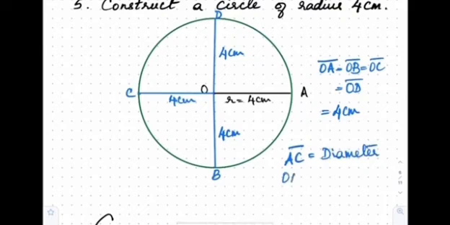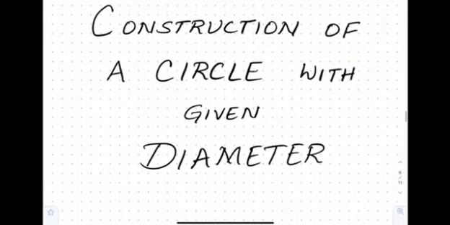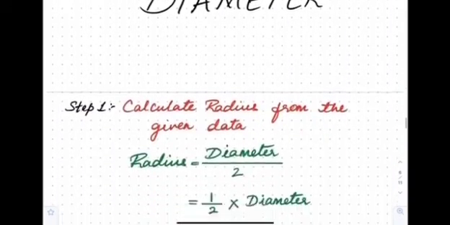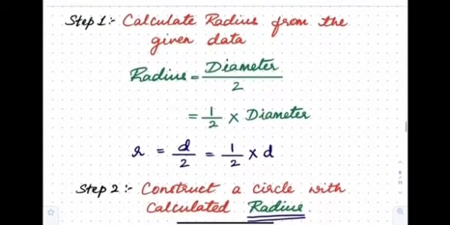OA is the radius. AC is double the radius. This is 4 and this is 4. Totally AC would be 8 centimeters. So diameter is nothing but double the radius, or radius is half the diameter.